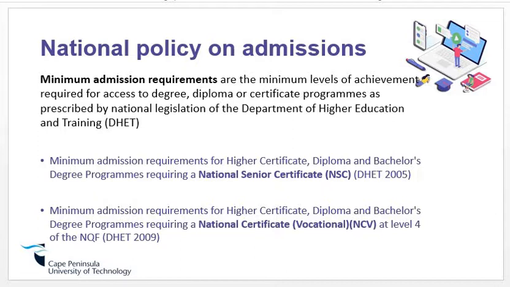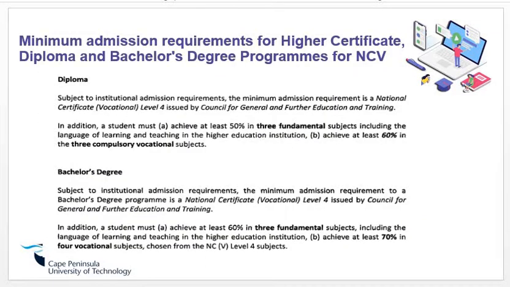Do make sure that you're familiar with the two policies, which I've uploaded to this module on Blackboard. But let's look at the minimum admissions requirements for holders of an NCV, which you're probably not that familiar with. So, a diploma pass for an NCV stipulates that the students must have achieved at least 50% in 3 fundamental subjects, including the language of teaching and learning at the higher education institution, and achieve at least 60% in the 3 compulsory vocational subjects.